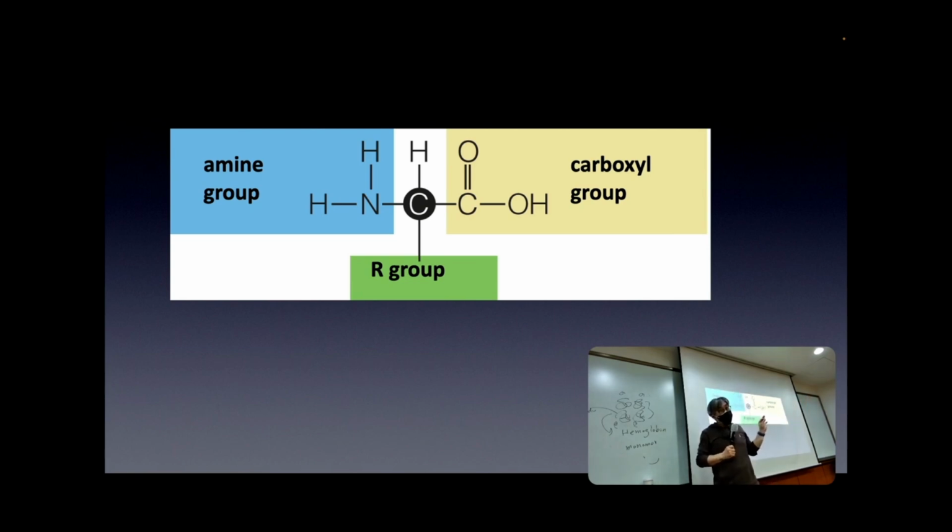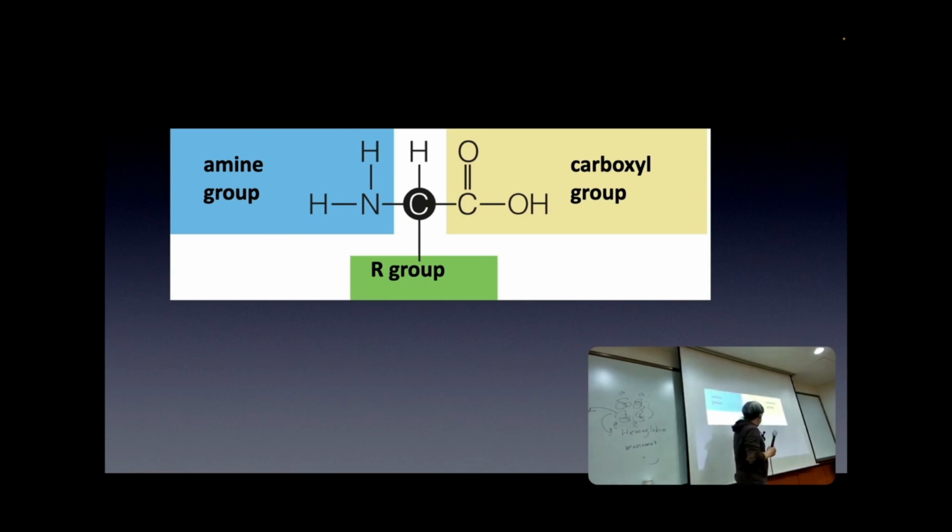The only difference is here. Remember, carbon can have four different covalent bonds. It has used up one here, one over here, and one over here. Still, this carbon has one covalent bond left here.